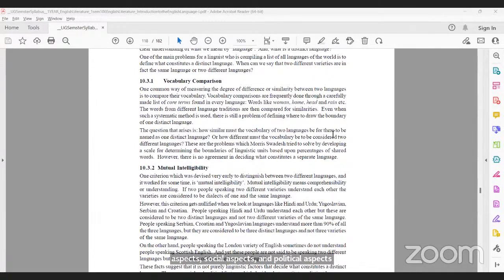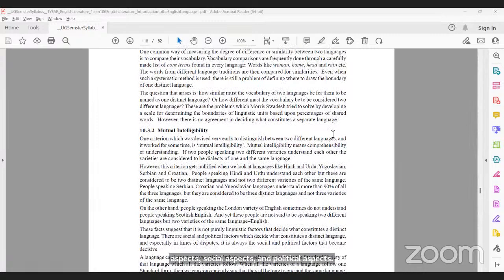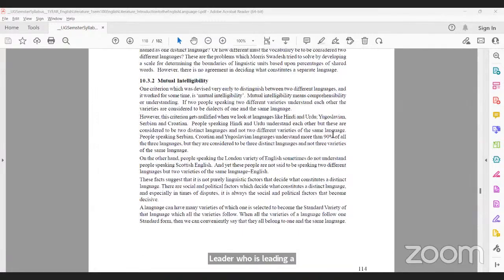A leader who is leading a country will never want to declare a language that he does not belong to as the standard one.